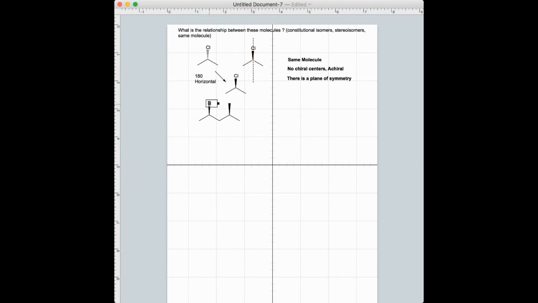So here is another molecule. And I want this molecule to basically answer a question, which is how many chiral centers?